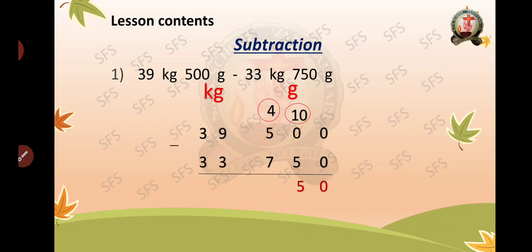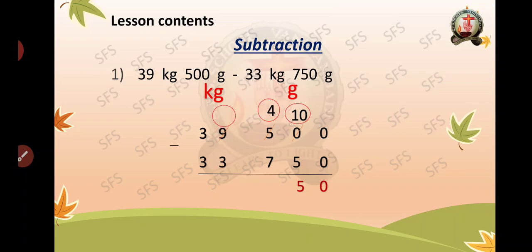Look at the second column, children. Now 4 minus 7. Is it possible to subtract 4 minus 7? Whereas 4 is smaller than 7. So what can we do? Yes, we have to borrow from the neighbor number. Now, what is the neighbor number of 4? It is 9. So 9 will become 8, isn't it?